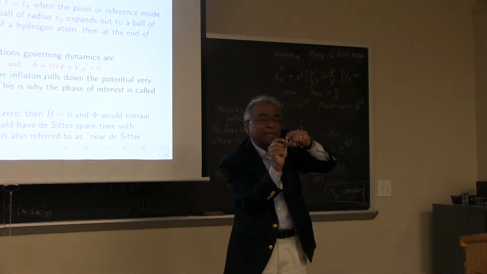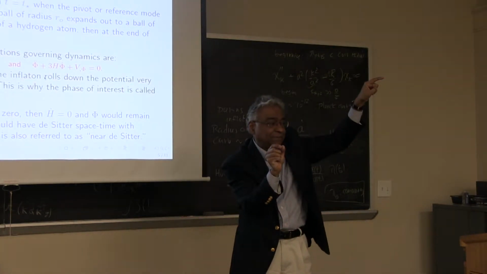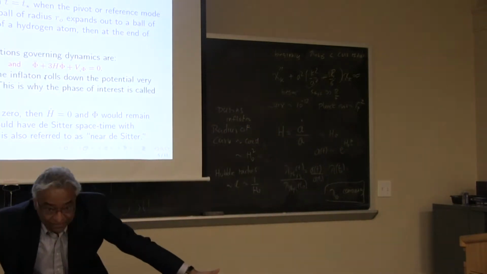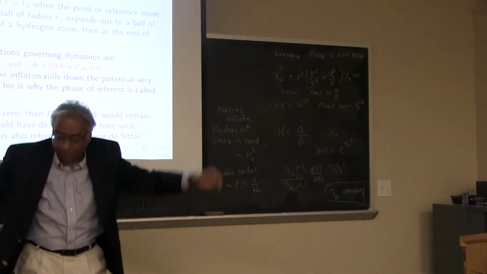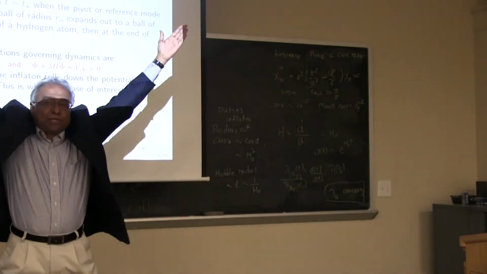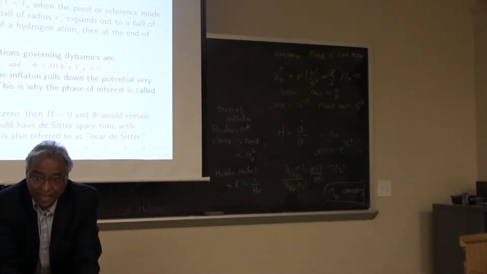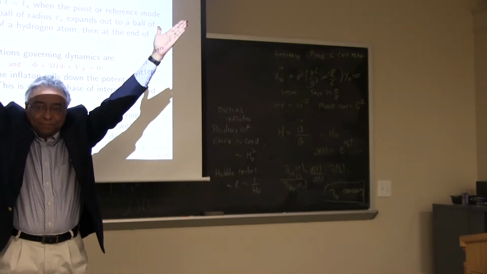So I am going to need a little bit more time for this to become the same as the Hubble radius. Is this clear? So if I got a wavelength of this size and it is growing, and supposing the Hubble radius is constant, so it's all exponentially growing, so it will hit the Hubble radius at some time. If I got this wavelength and it is also exponentially growing, it will hit the Hubble radius a bit later, right?